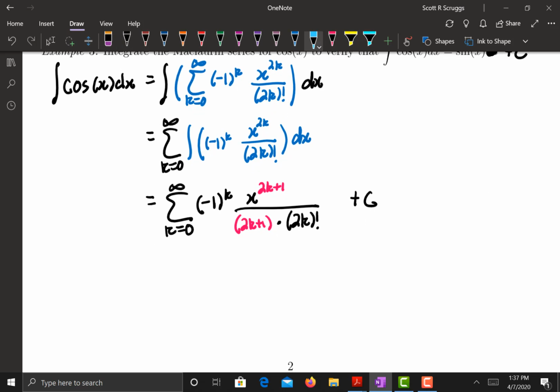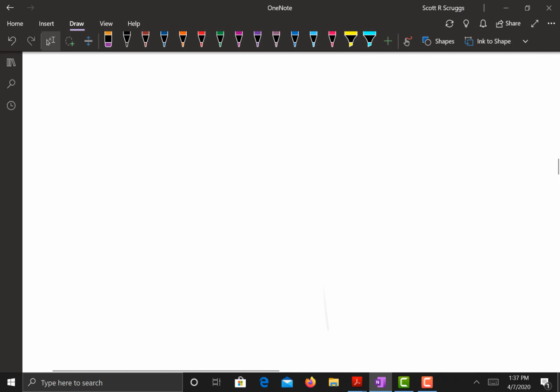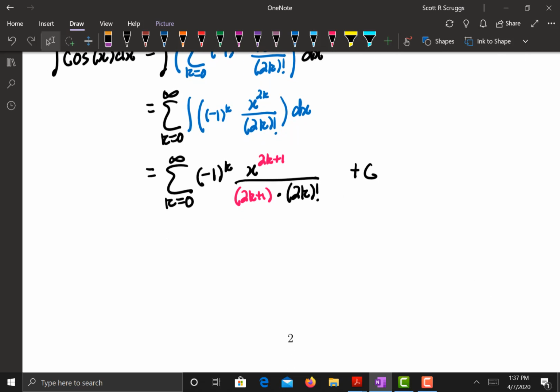Now, one thing to note is 2k plus 1 times 2k factorial. That whole expression can be rewritten as 2k plus 1 factorial.